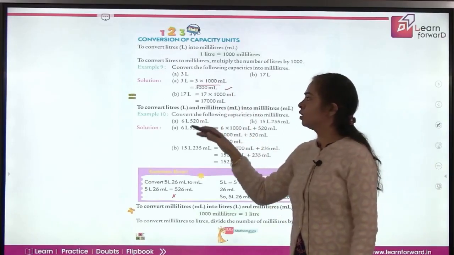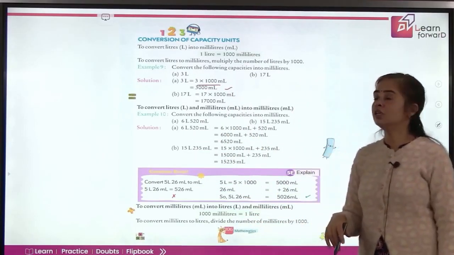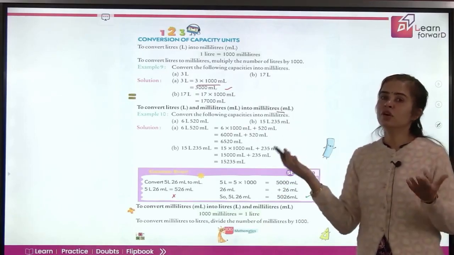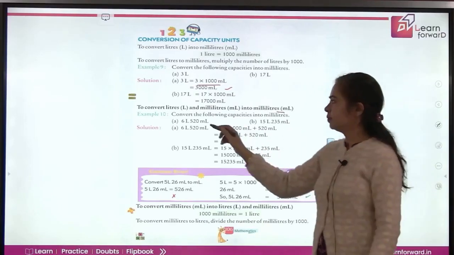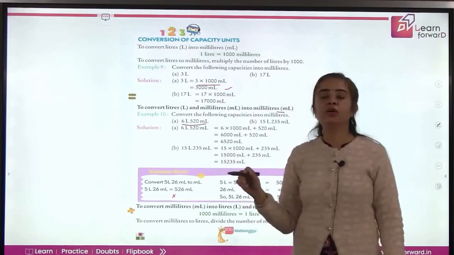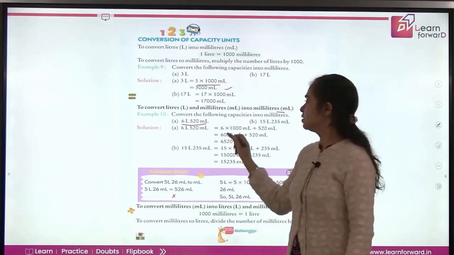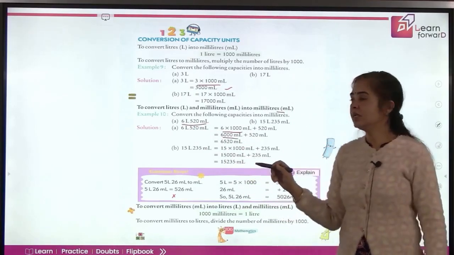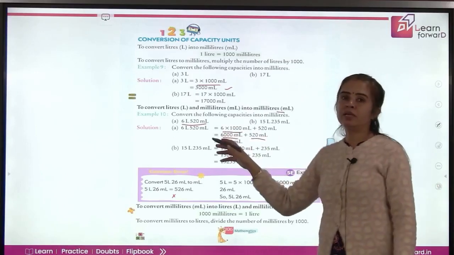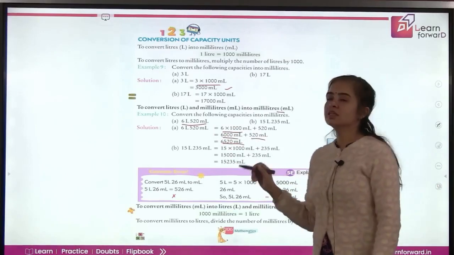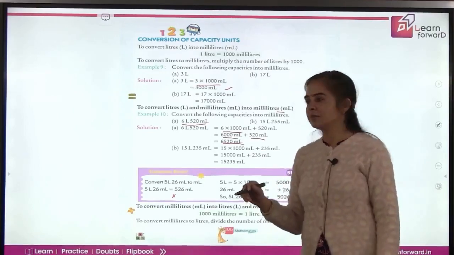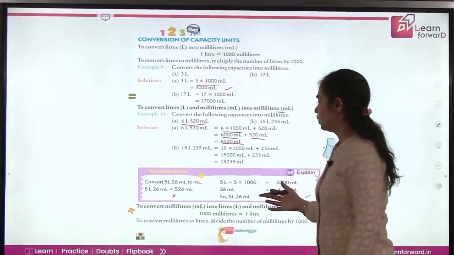And if you have to convert liters and milliliters into milliliters, the milliliters will be added. 6 liters 520 milliliters. So 6 liters means 6000 milliliters. Another 520 milliliters added. So that gives you 6520 milliliters. So let's do an exercise here.